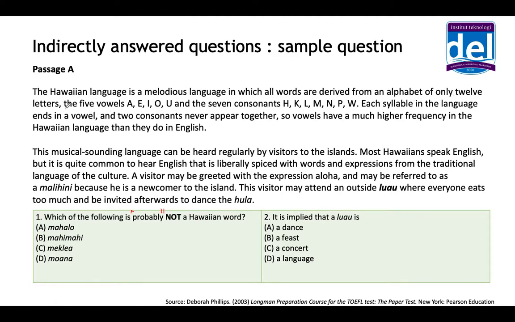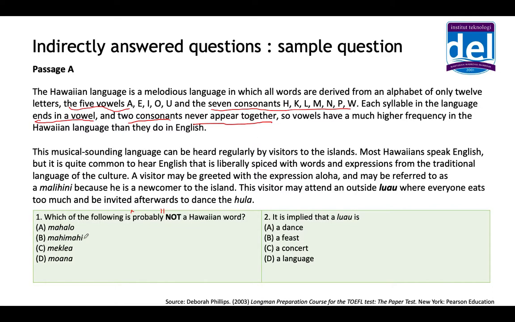So the characteristic of the Hawaiian language is consisting of 5 vowels, A, E, I, O, U, and 7 consonants. And each syllable in the language ends in a vowel. So it should end in a vowel, and 2 consonants never appear together.